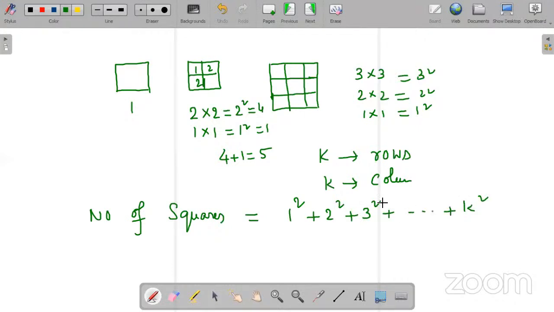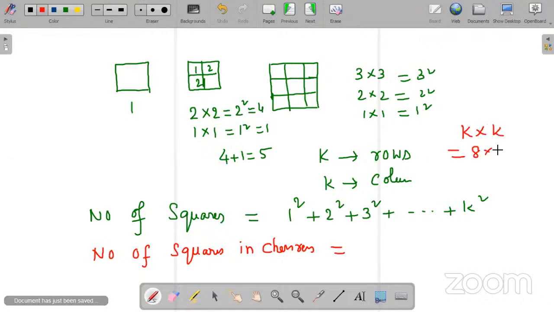For example, if one question is asked in the examination, how many squares are there in a chessboard? Chessboard means K by K is 8 by 8.